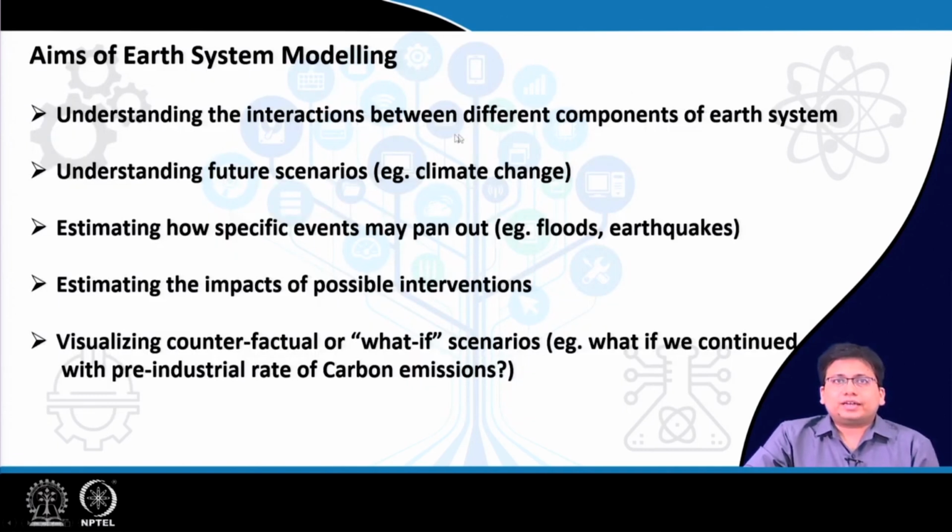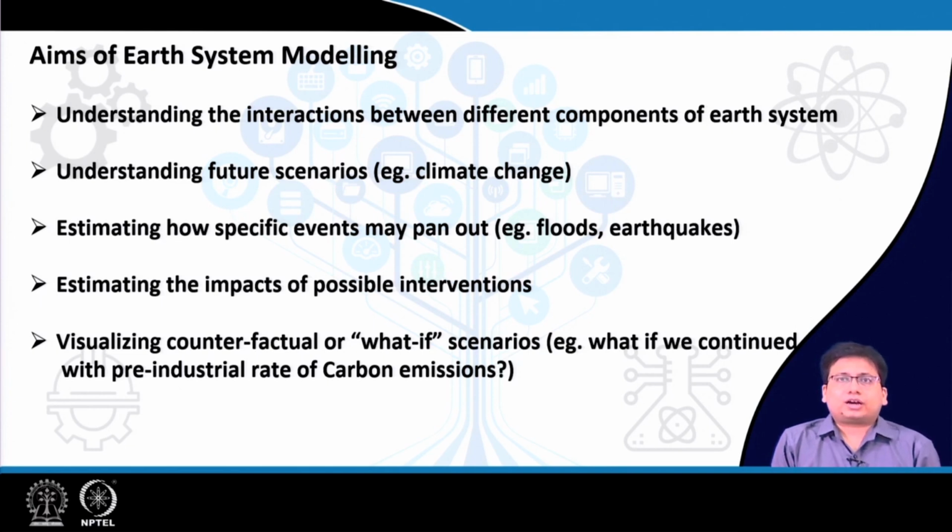So using such models we can form a better idea of the interactions between the different components. Then arguably the main reason why these models are so important now is for understanding future scenarios, for example climate change. These general circulation models, the GCMs, are developed by various research groups under the IPCC, the Intergovernmental Panel on Climate Change.